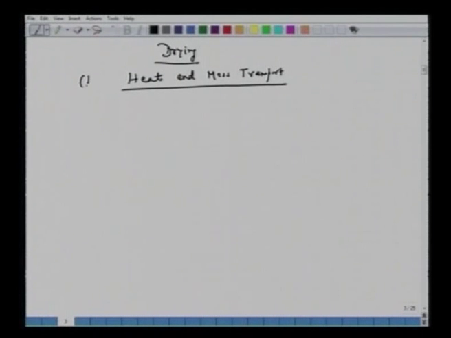So here we will see that there is a very extensive discussion. Heat transfer has to play a role in addition to mass transfer. Let's note down here: when we say drying, the mechanism is both heat and mass transfer.